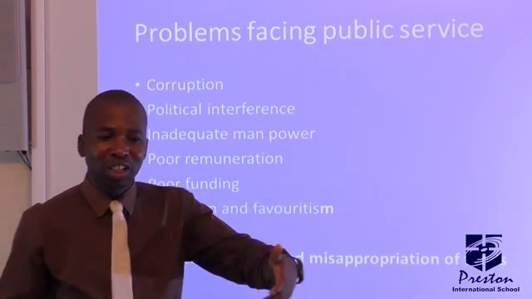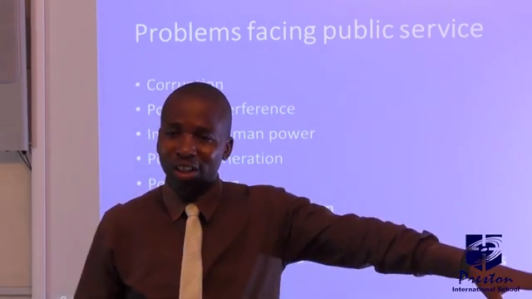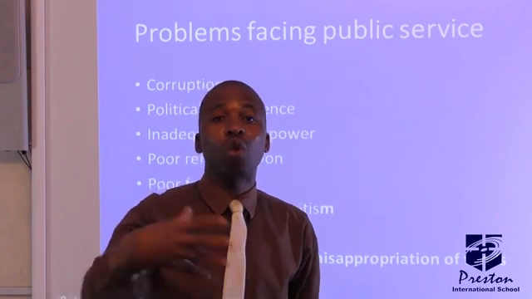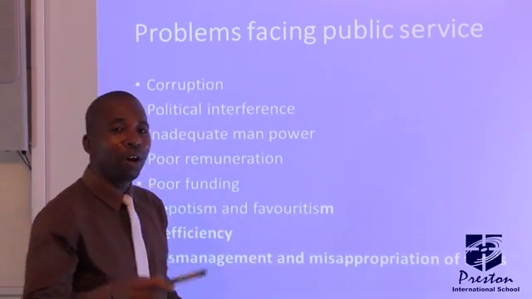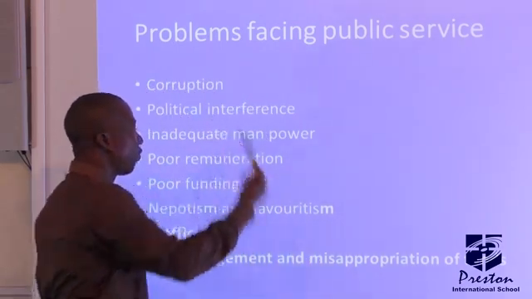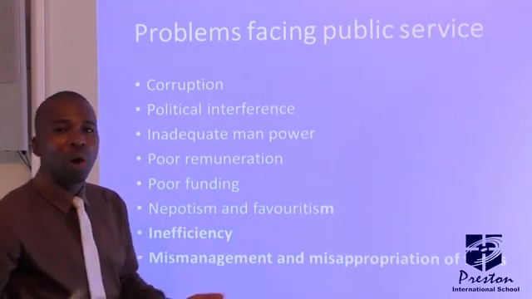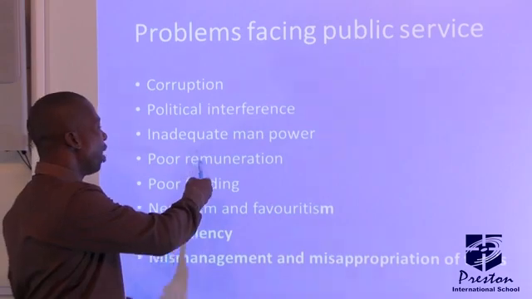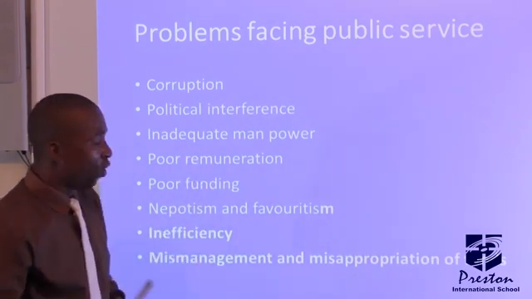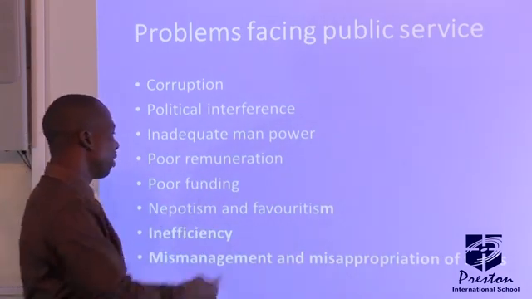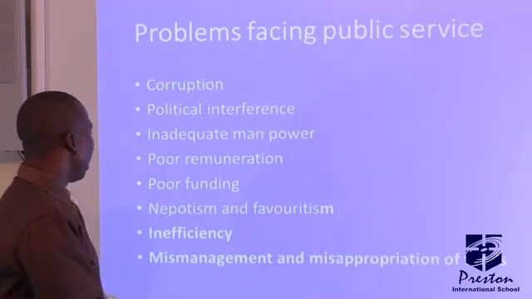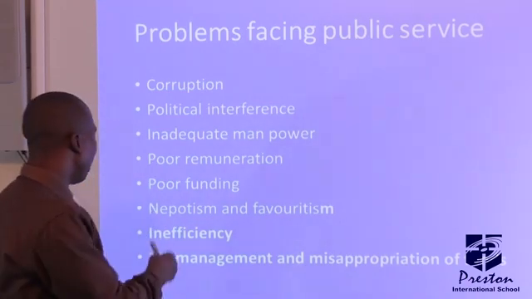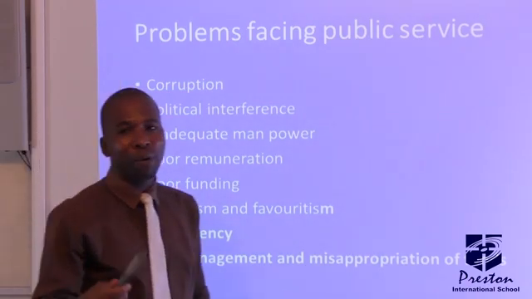They say, oh, this is my person, please put him in this position, even when that person is not qualified. That is what we refer to as political interference. They will not allow them to do their work as expected. Other problems are inadequate manpower, poor remuneration, poor funding, nepotism and favoritism, inefficiency, mismanagement and misappropriation.